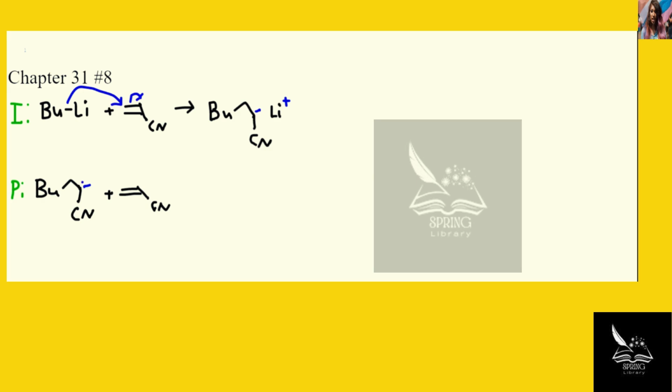So the anion attacks there. The electrons of this double bond will shift to that carbon. And what we end up with here is now a dimer.